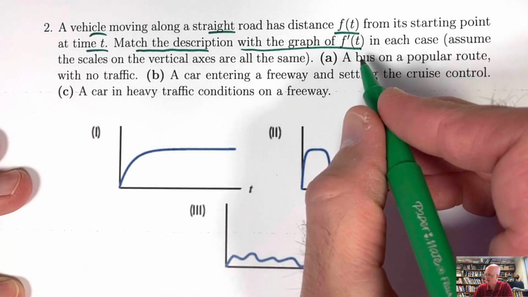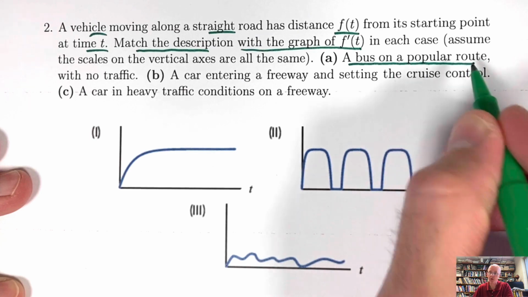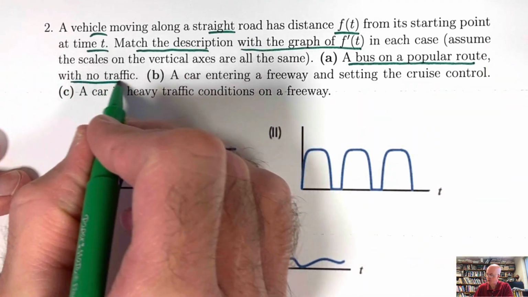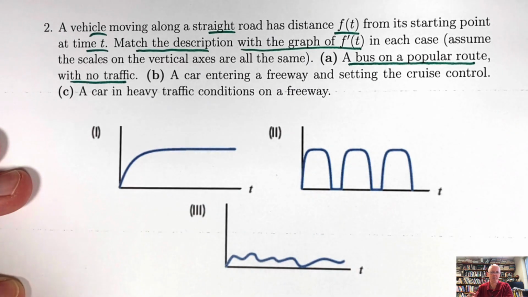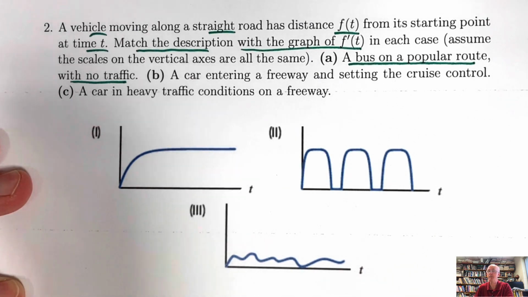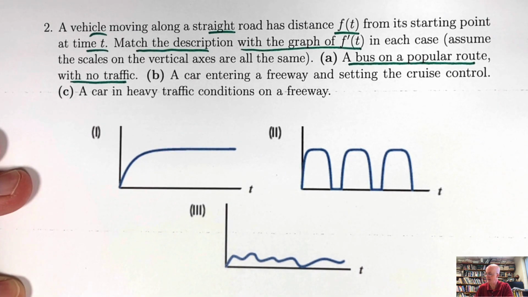Description A. A bus is on a popular route, or route if you prefer, with no traffic. Whenever the bus is cruising, it can go a pretty steady speed, but then of course the bus is going to stop every so often and pick up people. It's got to slow down to a stop. The derivative is the velocity, or since this is one directional motion, you could think of it as being the speed.